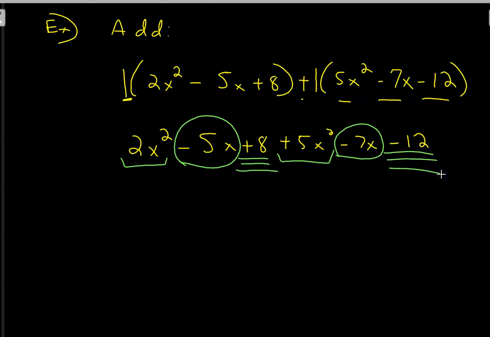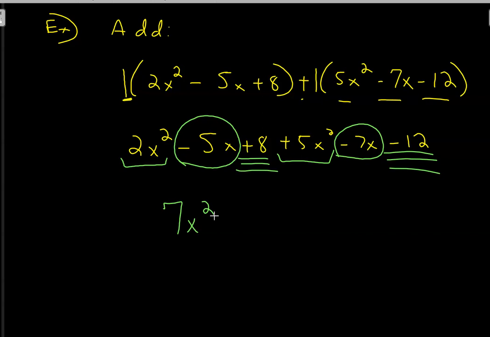So when I combine my like terms, 2x squared plus 5x squared gives you 7x squared.